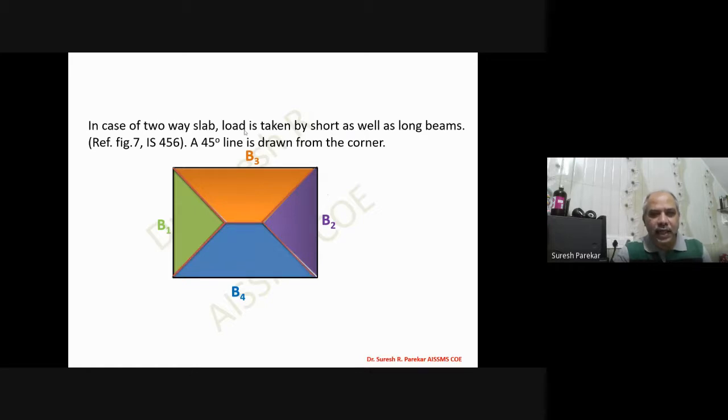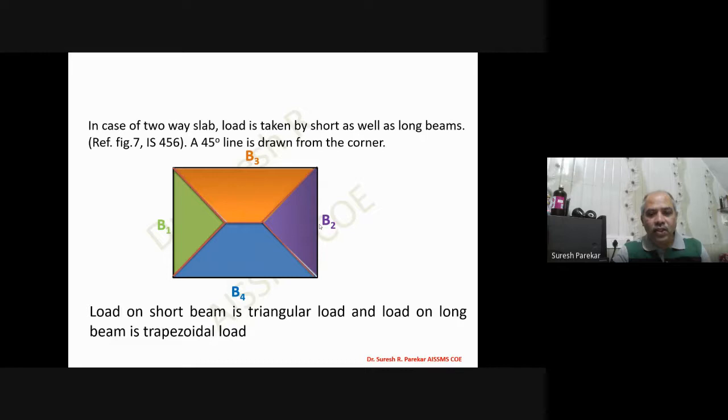So this is as per figure 7. A 45-degree line is drawn from the corner. So from all corners this 45-degree line is drawn, and therefore this height we will get as Lx by 2. Load on the short beam is triangular load and load on the long beam is trapezoidal load.